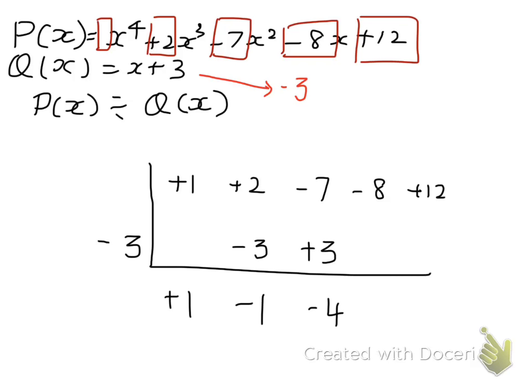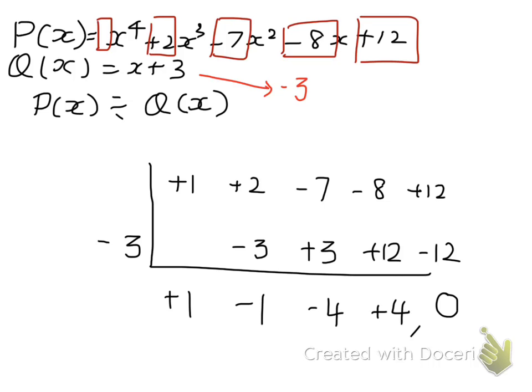And you know what's the next step, right? Negative 3 multiply negative 4, which is positive 12. Negative 8 add 12, which is positive 4. And then multiply them again, negative 12. Now this last number, you put a comma here and 0 here.